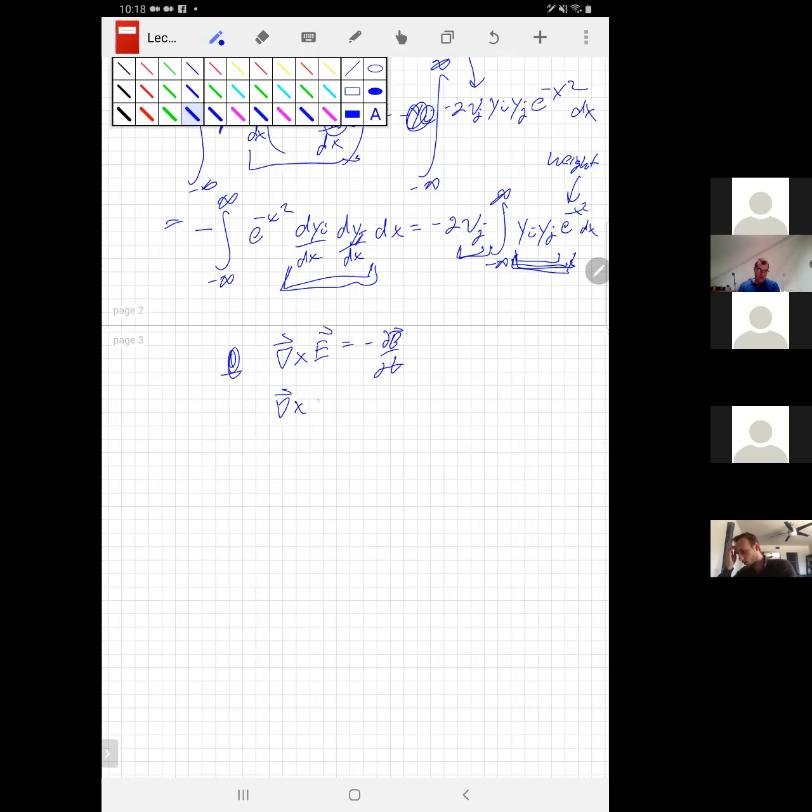Mu H, curl of H. Del cross B over mu, where mu is the magnetic permeability of the material.